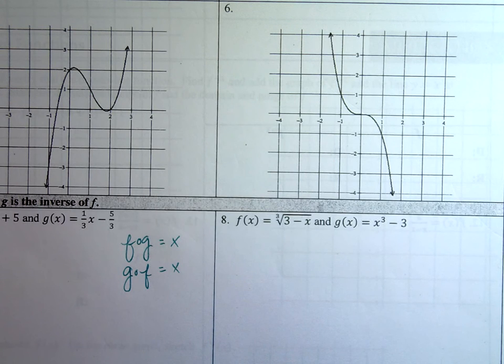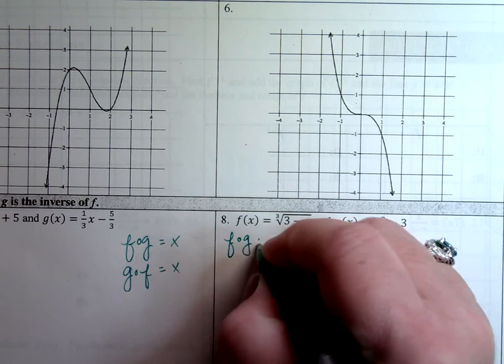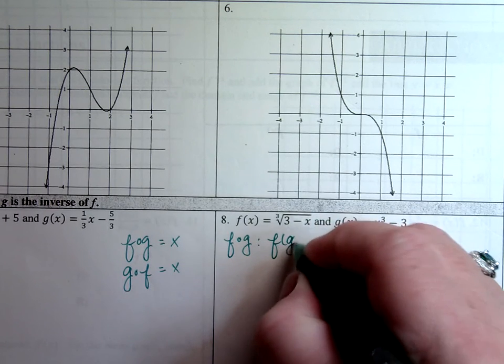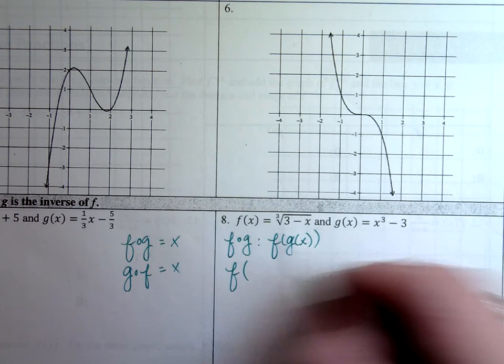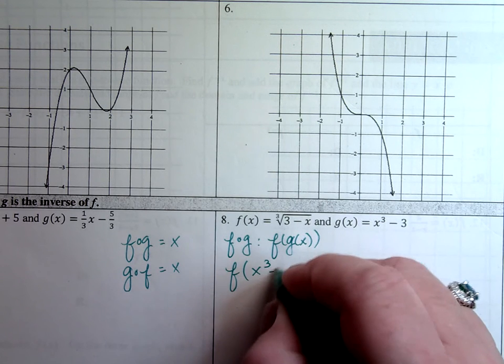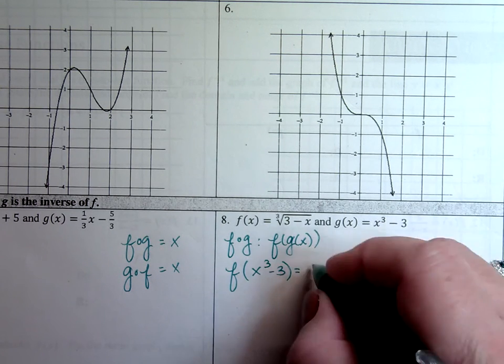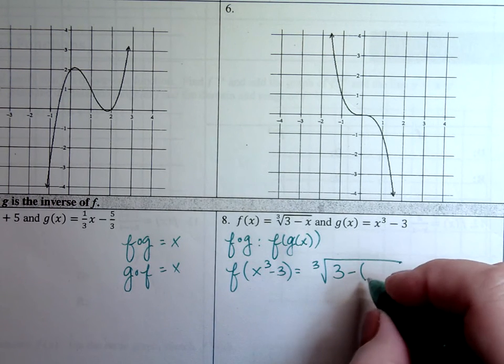Let's try number 8. So if I do f of g, I'm going to take f of g of x. I wanted to know what the f function is: the cube root of 3 minus x cubed. I'll plug it in: the cube root of 3 minus, parentheses, put your g in, x cubed minus 3.